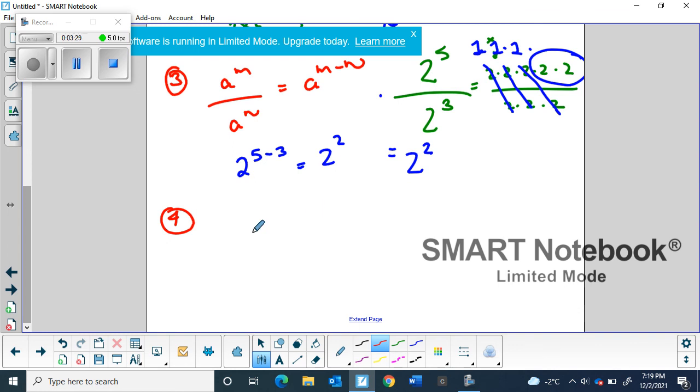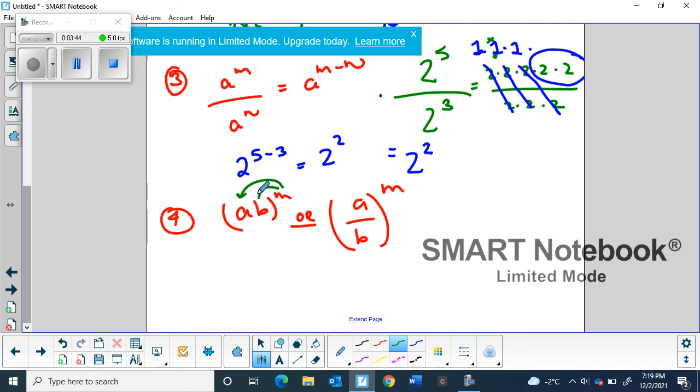And our fourth rule is for any questions where we have 2 different things inside the brackets to an exponent, and they can be divided by each other, they can be multiplied by each other. Okay, the rule is the same. You bring that exponent to each value inside those brackets. So a^m times b^m, or a^m divided by b^m.